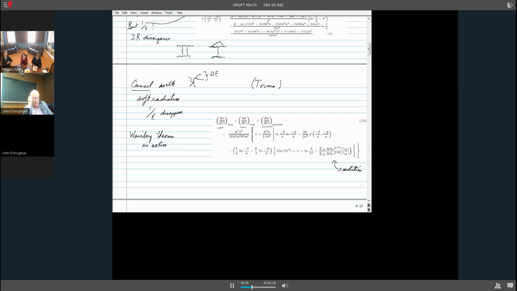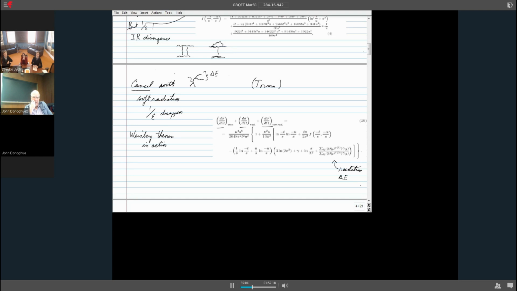John? Yes? Is that soft radiation detectable in principle, or is it a technical thing? No, so typically the story with soft radiation is that if it's too soft, your detector can't detect it, but there's always a threshold where your detector could identify the radiation.